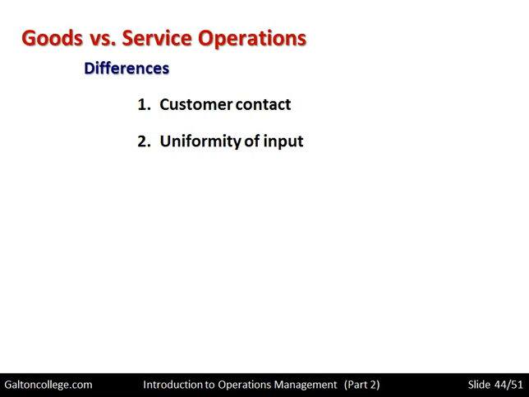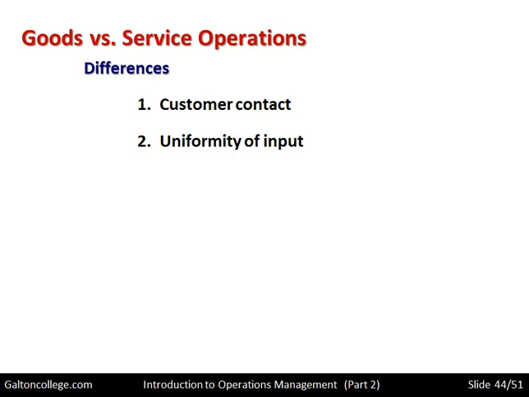There's uniformity of input, the degree of uniformity of input. Well, with goods, it may be highly uniform. If it's producing a standardized product, then the inputs will be essentially all the same.